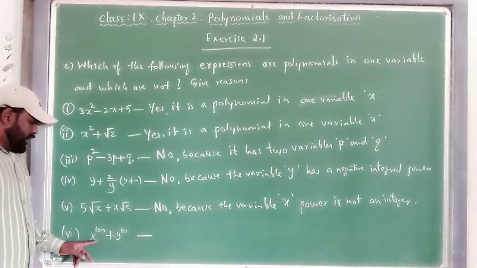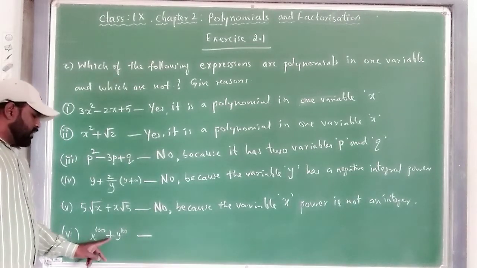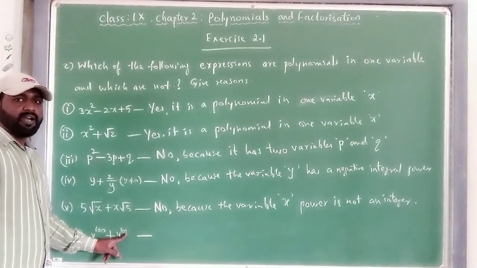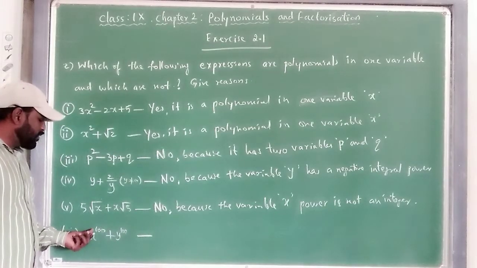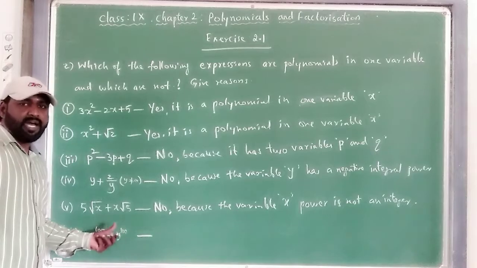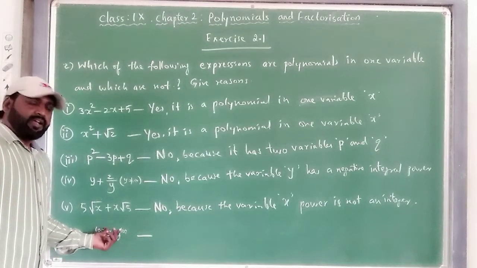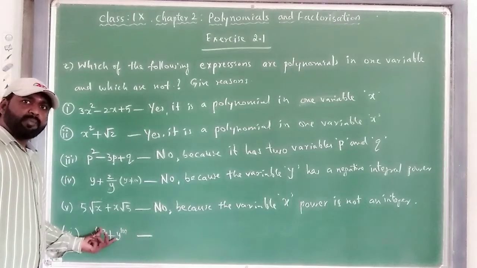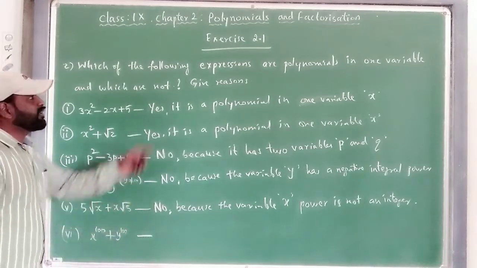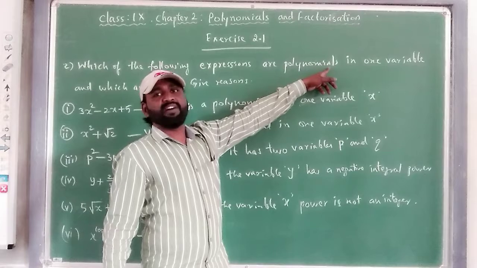Next one. See, the first term is x to the power of 100 plus the second term is y to the power of 100. There are two variables involved in it. Of course, the degrees of the variables are positive integers only. The 100 is a positive integer. The exponent of x is 100, the exponent of y is also 100. Both are positive integers only. But the question is, the polynomial should have only one variable.